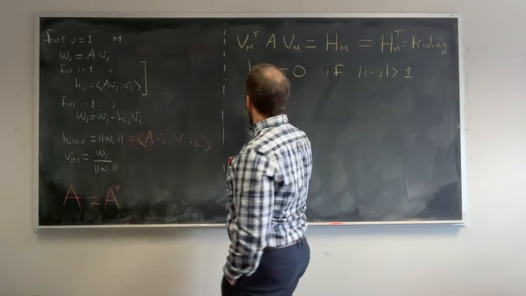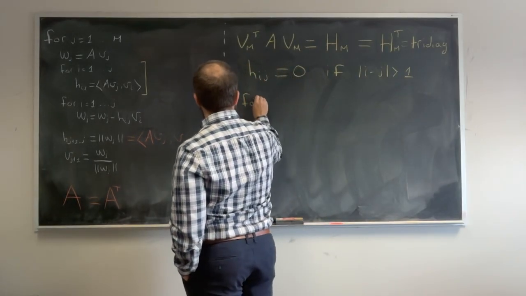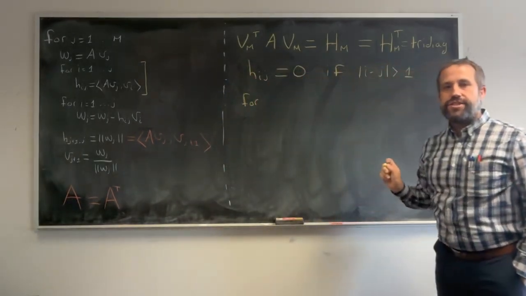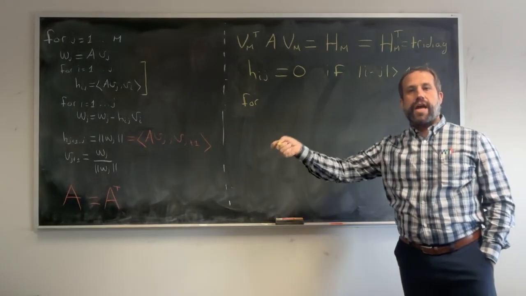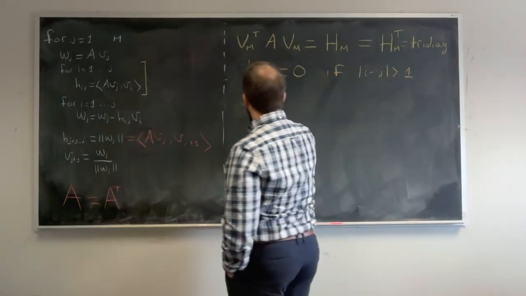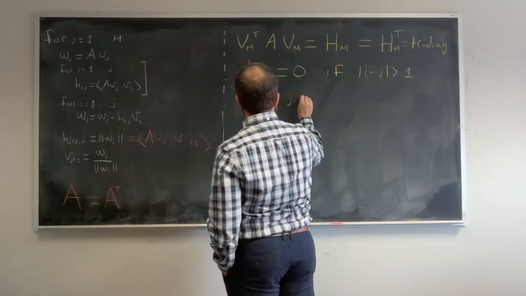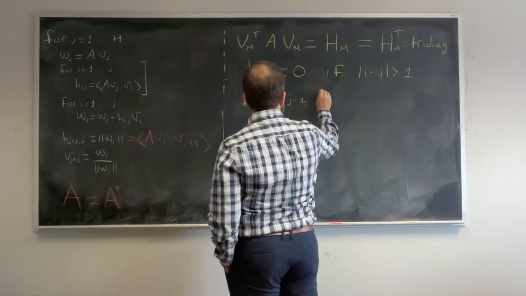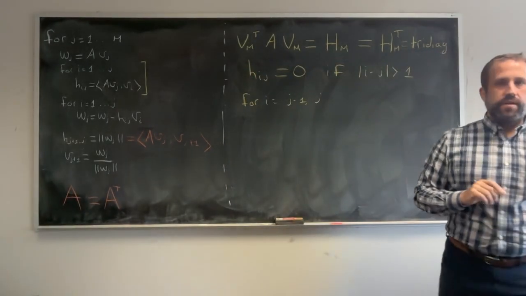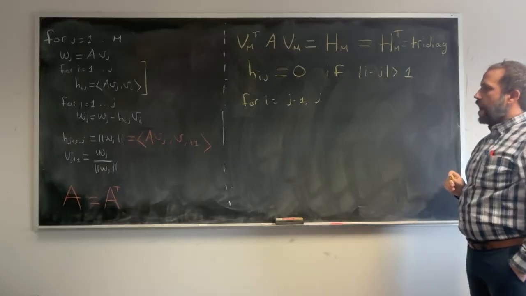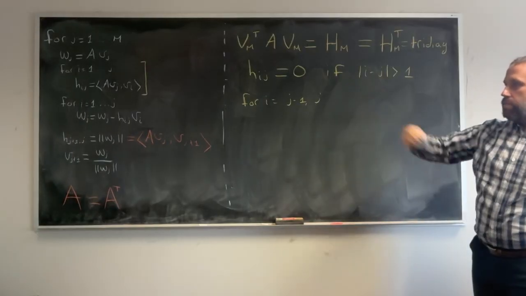So what this means for this loop right here, it's not for i equals 1 to j, it's just i equals j minus 1 and j. For i equals j minus 1 and j, we're going to compute these inner products.